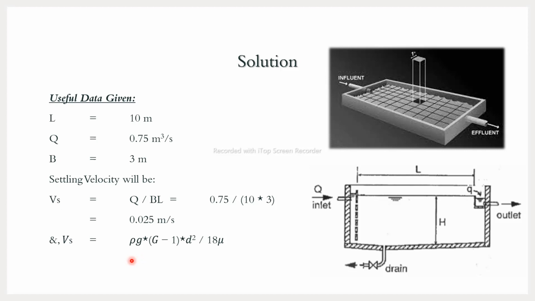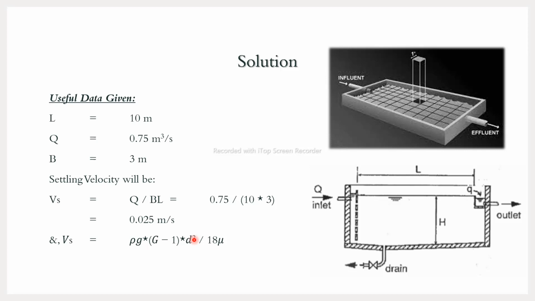So I will explain this formula in the next class. For now just remember this. It is coming from the force balance I told you earlier. FD, that is drag force, equals the apparent weight of the particle of diameter d. Apparent weight means weight minus buoyancy. Buoyant force is applied on the particle by the displaced water.